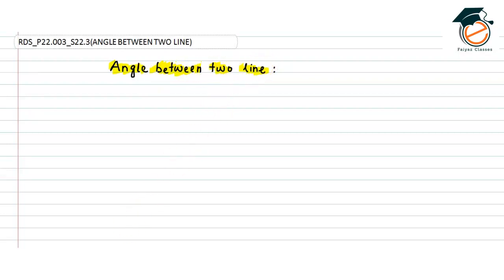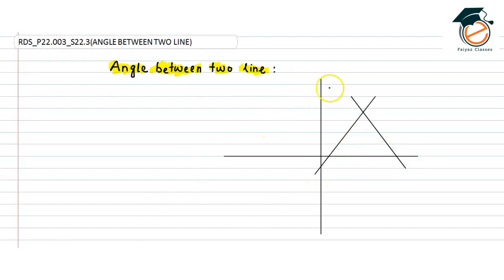Let's start. Suppose this is a Cartesian axis, and there are two lines passing through it. This is the first line, and this is the second line, and these two lines make an angle theta between them.